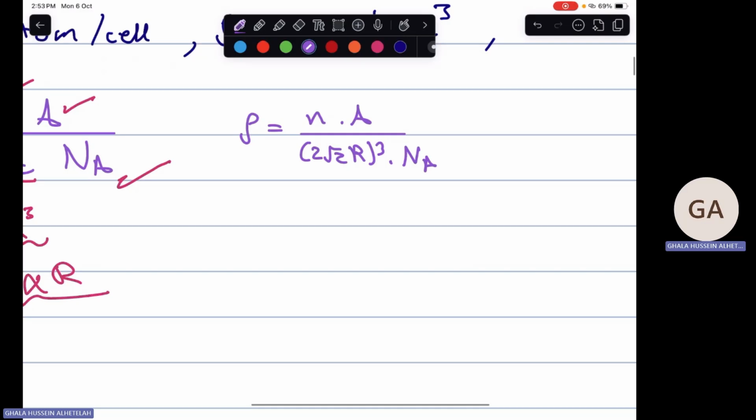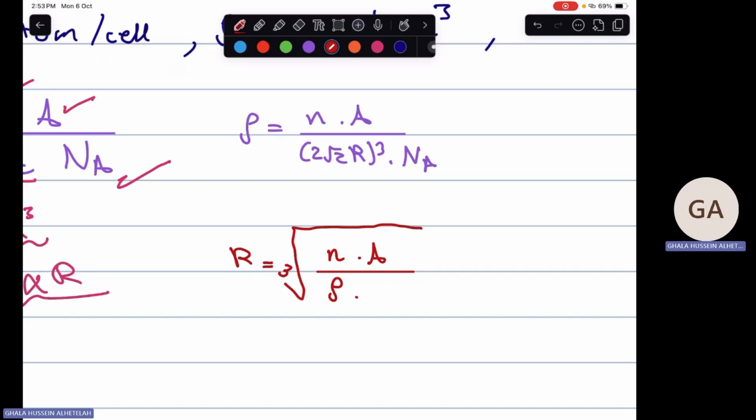Okay, let's take r on one side. We are going to have r is equal to the cube root of n multiplying by A over the density multiplying by Avogadro number multiplying by 2 square root of 2 to the power 3.